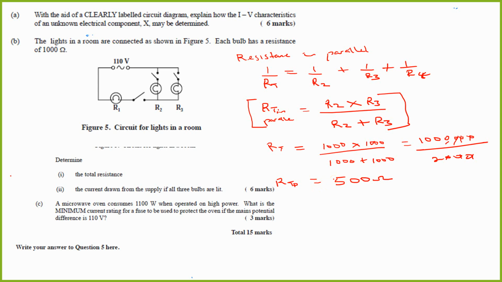What's the next thing we do? We have to calculate the... Well, it says we have to calculate the current. No, but we're not finished here. What we just calculated was the total resistance in parallel. So we still don't know the total resistance in the entire circuit as yet.